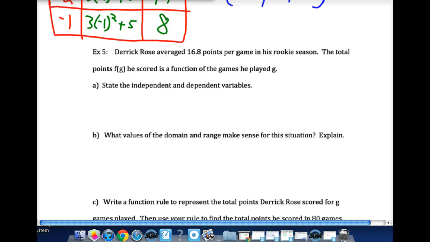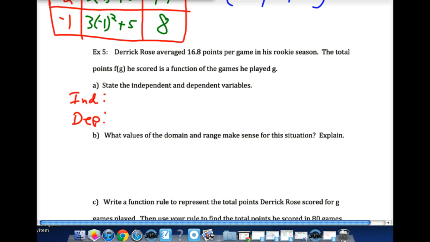Now, the total points that he scored for the season is a function of the games that he played. So let's talk about the independent and dependent variables. This one might start making more sense, guys, based on this situation, especially if you understand basketball and how this works.